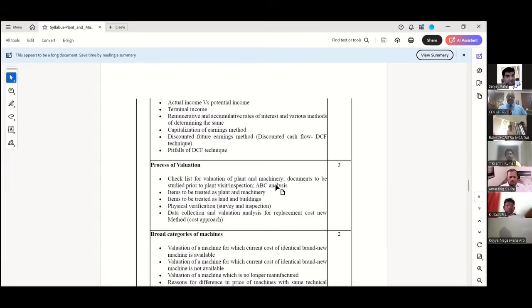Okay, you require the line process layout. You require the information about the product and byproduct. You require the information about the number of shifts. You require the financial ratios or fixed asset registers. You require information about the regulatory measures. You require information about the quality of the product.